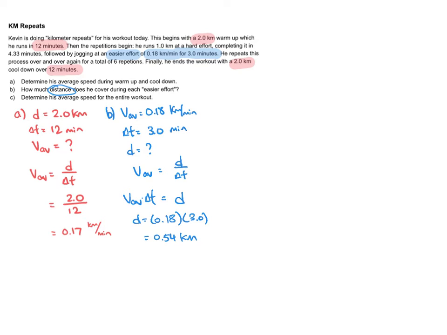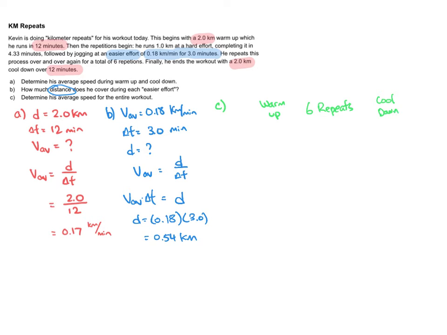All right, now part C. Determine his average speed for the entire workout. Okay, so the entire workout has got a warm up. It's got 6 repeats, 6 kilometer repeats, and it's got a cool down.